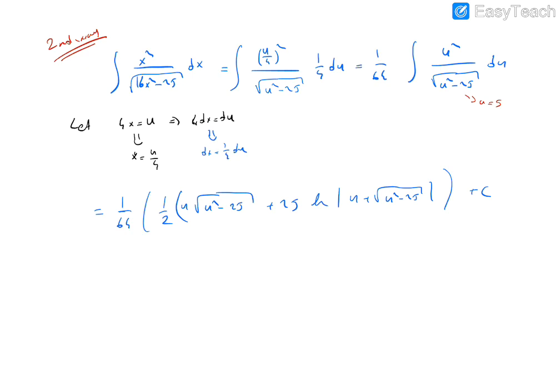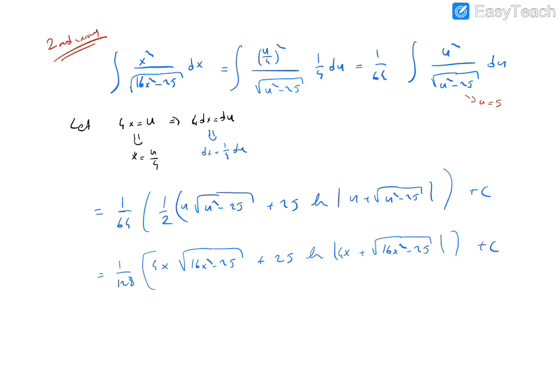So we should turn back to our original variable. U is 4x. So from here 1 over 64, 128 maybe we can write. 128. U is 4x. So 16x square minus 25 plus 25 ln 4x plus 16x square minus 25 plus c.